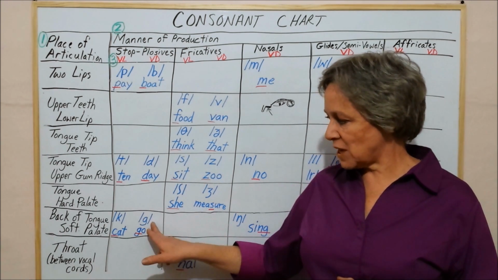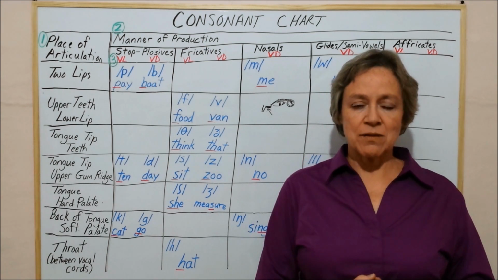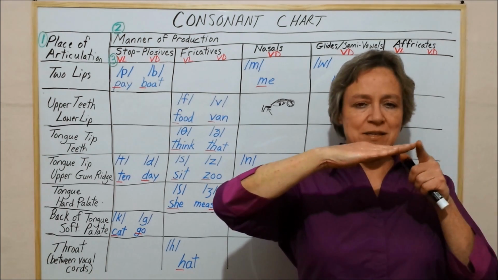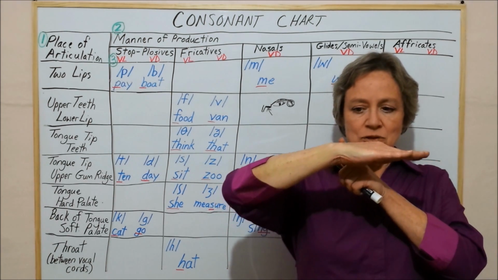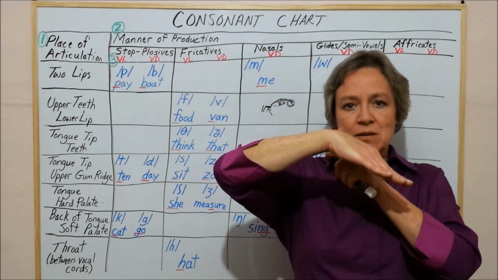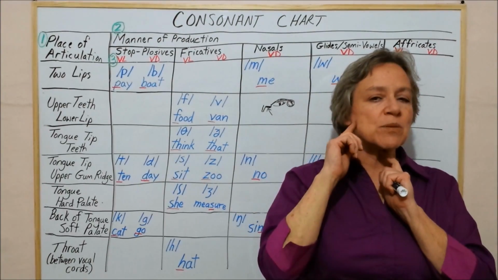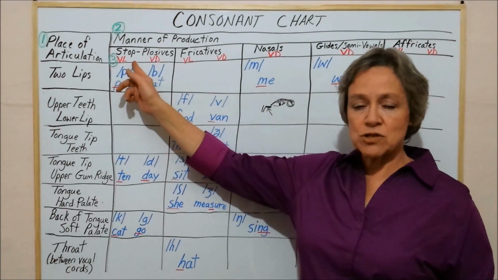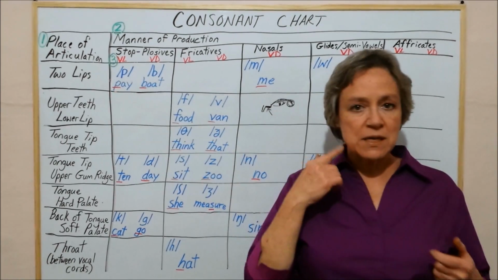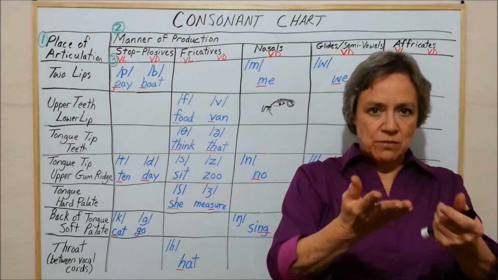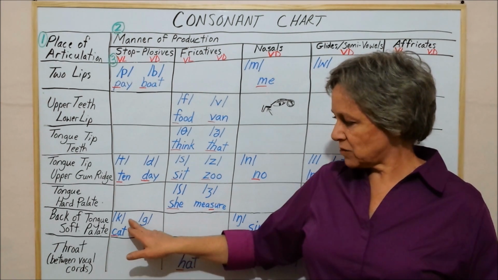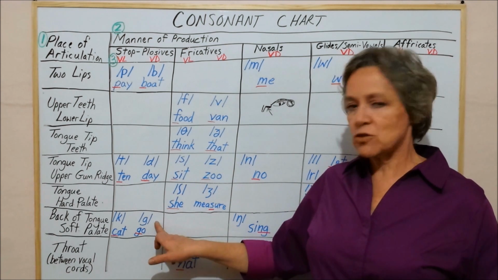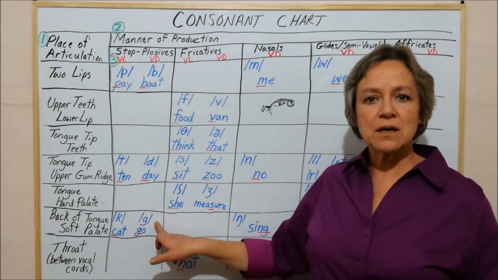But when we make these two sounds, it's the back of the tongue that is touching the roof of the mouth. So if we pretend this is my tongue, this is the tip, this is the back, so it's the back of my tongue, way back there, which is touching my soft palate. And when it touches, it stops the flow of air. These are stop sounds. Then I release that, I lower that, and release the air. So this is k, k, k. And this one is g, g, g.